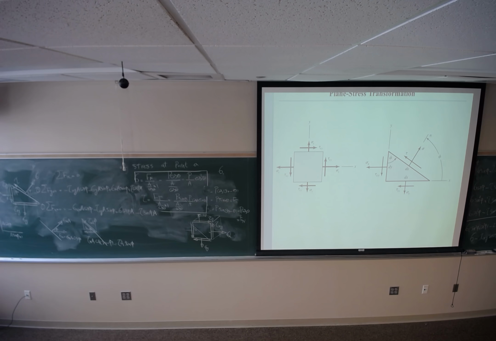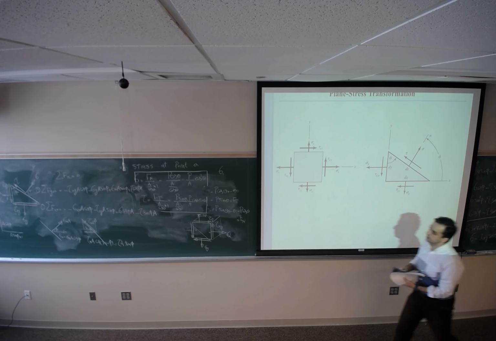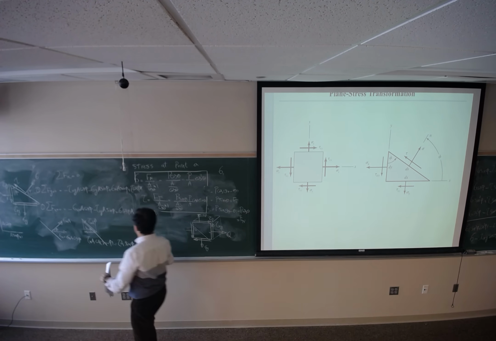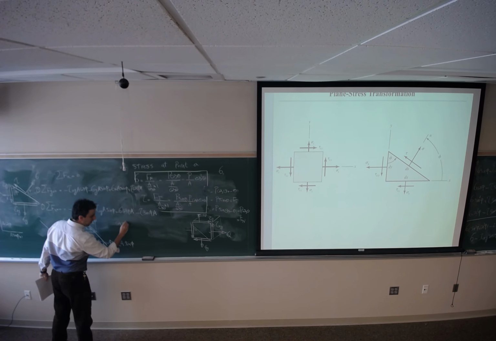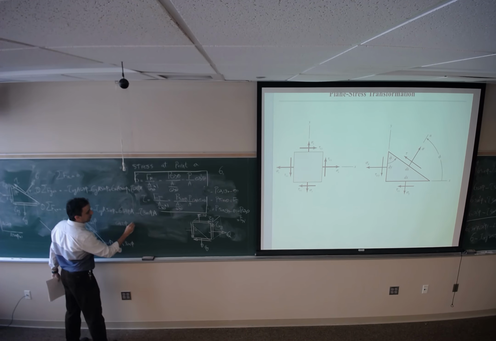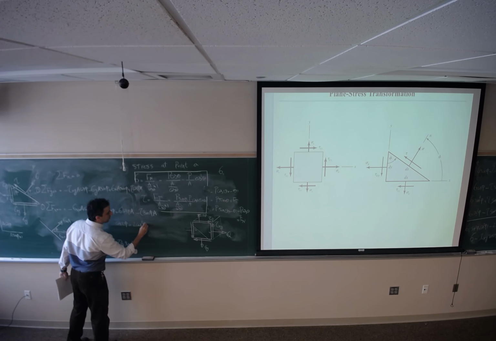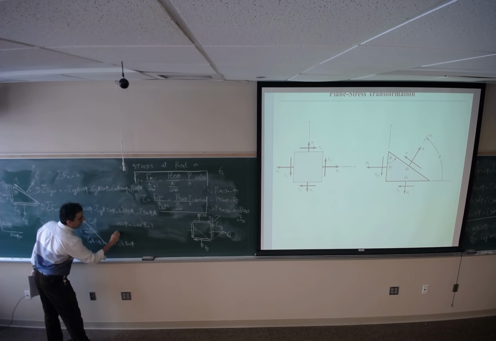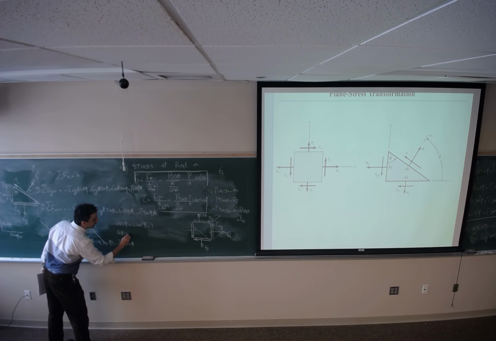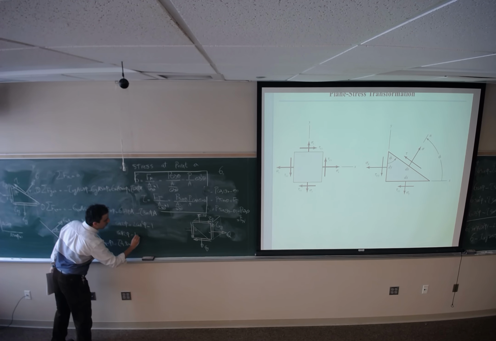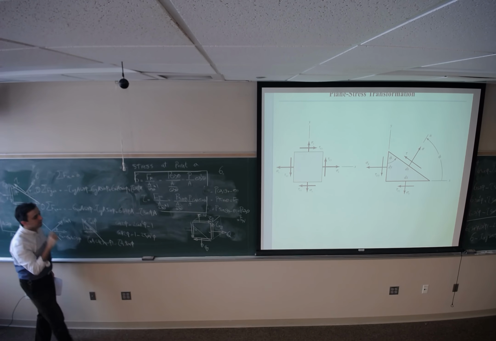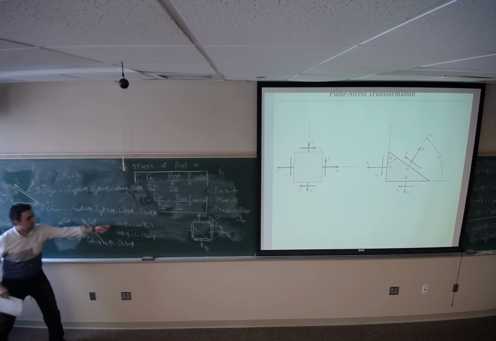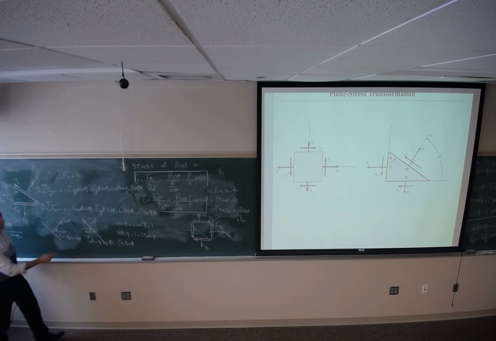I would like to change these two as well. Cosine of 2 phi can be written as 2 cosine square of phi minus 1, and cosine of 2 phi also can be written as 1 minus 2 sine square of phi. We can write cosine of 2 phi in these two forms.